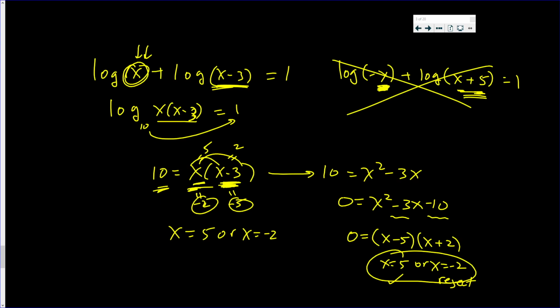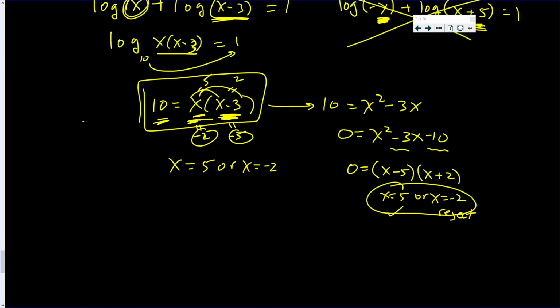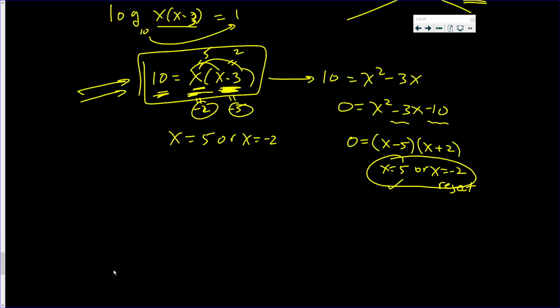Now, I want to practice at least one more problem, solving it the same way we solved x times (x minus 3) equals 10. What if you had x times (x minus 2) is equal to 80?